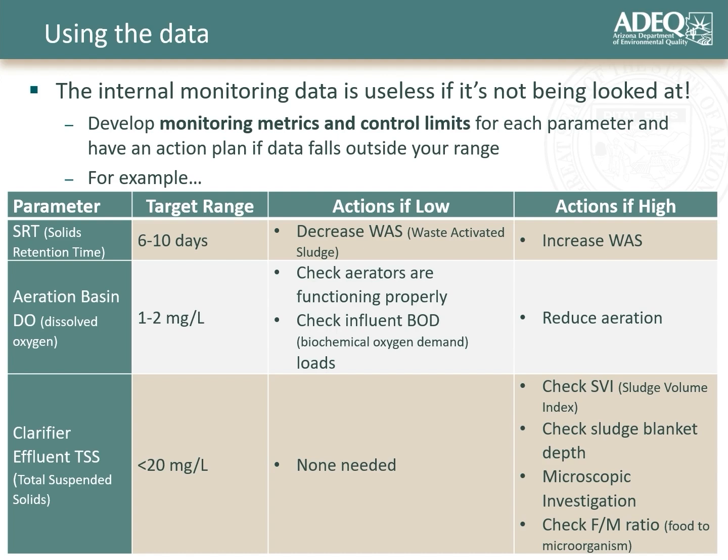Lastly, if you look at your clarifier effluent, let's say your permit is less than 20 milligrams per liter and you're lower than that. Well, that's great. Good job. Move on. But if you're higher than that, maybe check your sludge volume index and see how well settling your sludge is. Check the sludge blanket depth. If it's too high, maybe it's causing a washout. And so you want to draw the sludge blanket down a little bit.